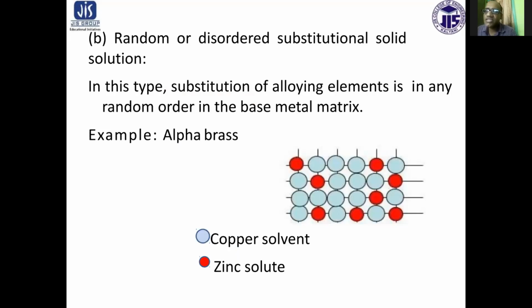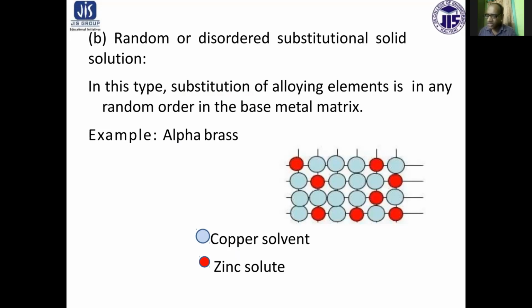Next is called random or disordered substitutional solid solution. In this type, substitution of alloying elements is in any random order in the base metal matrix. An example is alpha brass.